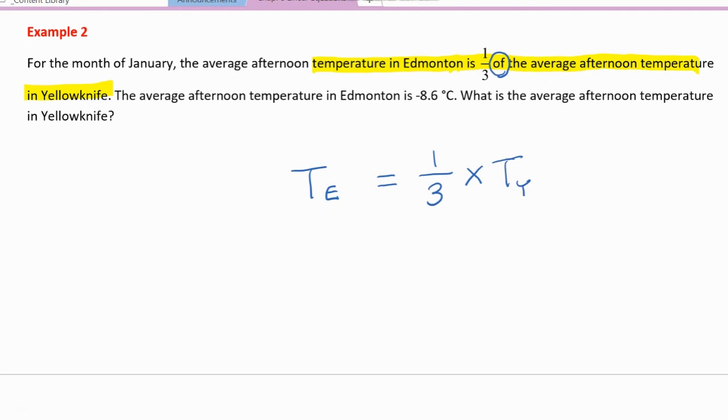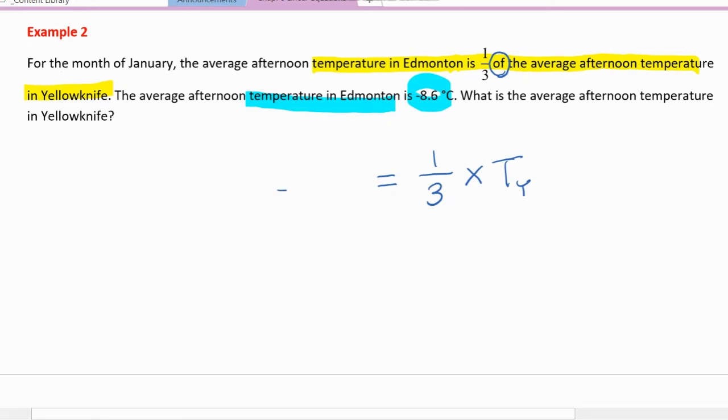If you read the question here, it says the temperature in Edmonton is negative 8.6. So instead of having TE, you're going to write negative 8.6.